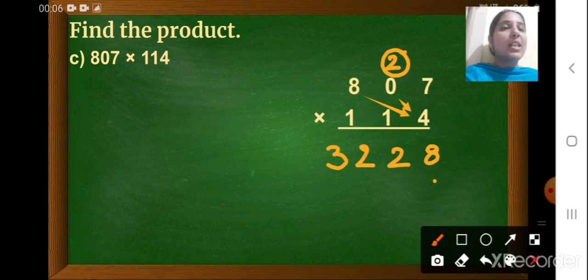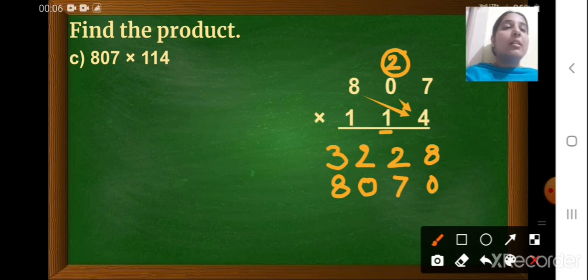Now we will write 0 here because now we are going to multiply the multiplicand by the digit at the tens place of the multiplier, which is 1 here. So 0 we have already written here. Now 7 ones are 7, 0 ones are 0 and 8 ones are 8.